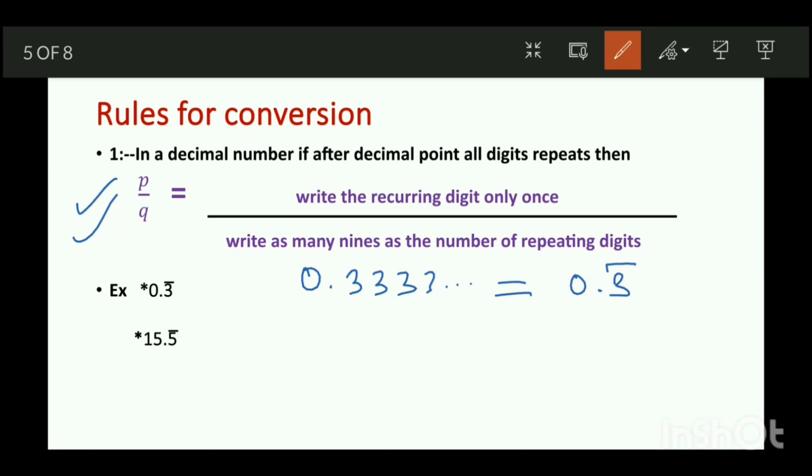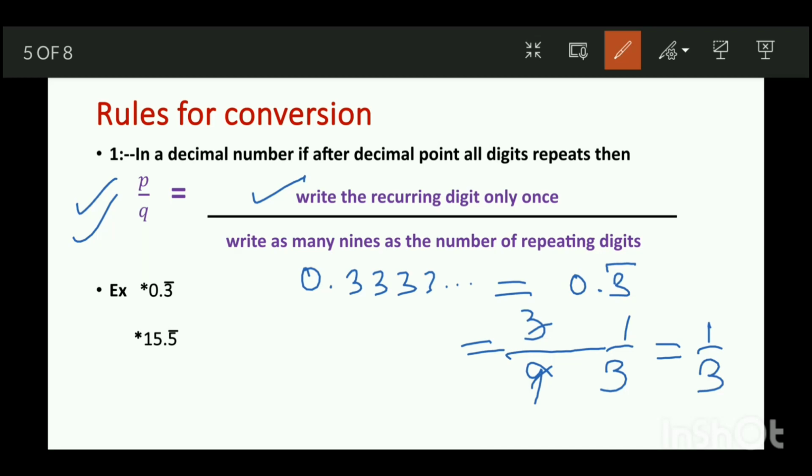So what we will do, in the numerator we will write the recurring digit only once. Here only 3 is repeating, so we will write 3 here, and in the denominator write as many 9s as the number of repeating digits. So here only one digit is repeating, so we will write only one 9, and after simplifying we will get 1 by 3.